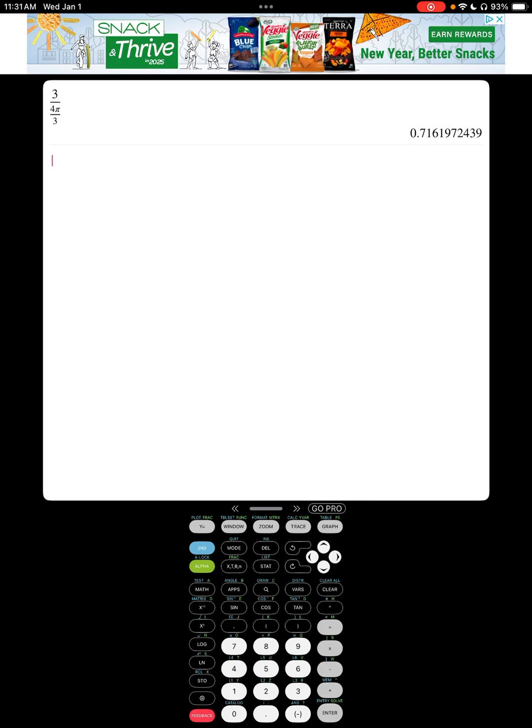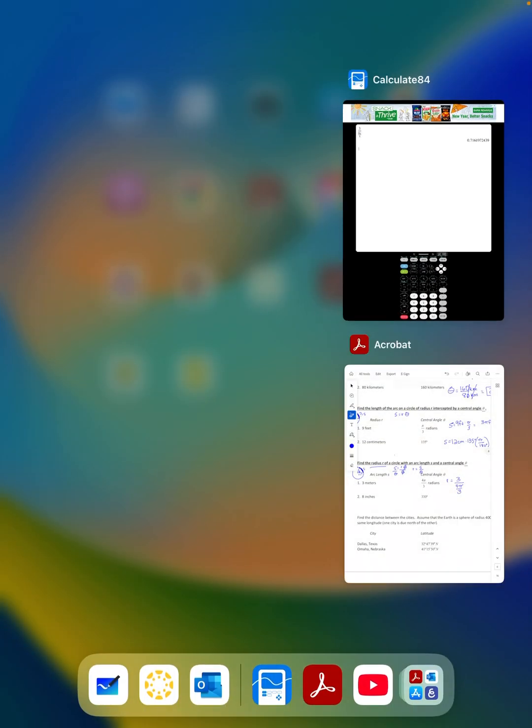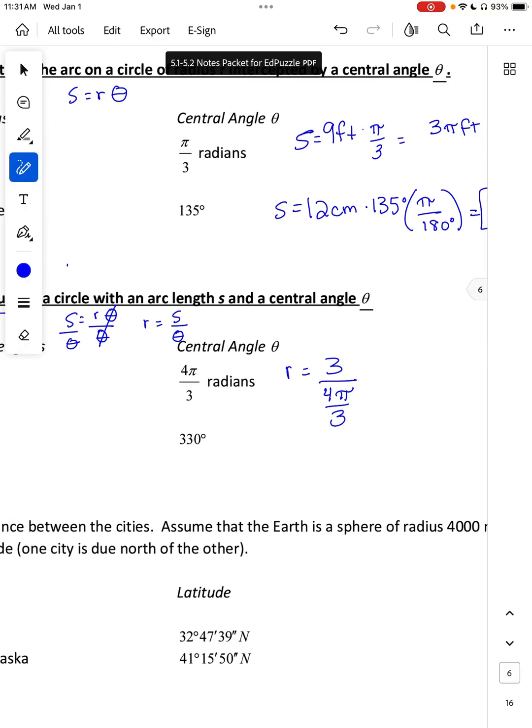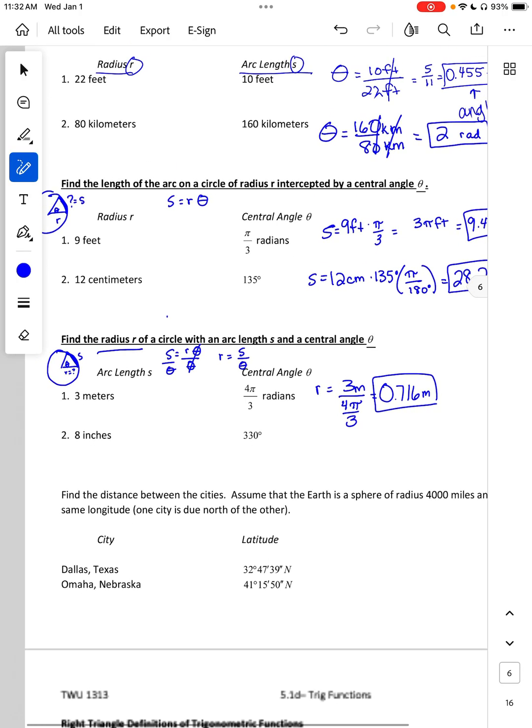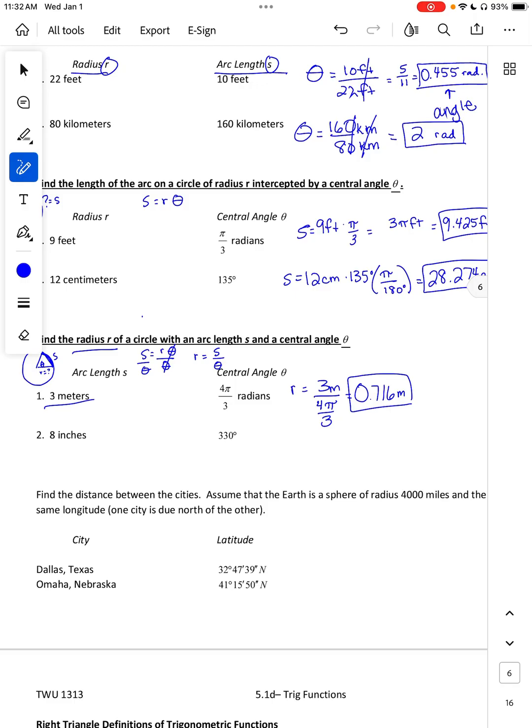Okay, that comes out to 0.716 meters. I forgot to put my unit there to know that meters will be our unit.